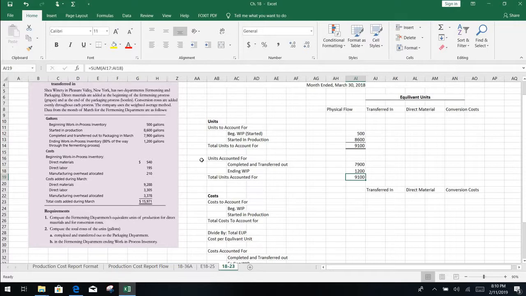Now we know that this is the EUP section here. This second group of units are all talking about EUP. So that means this is our EUP value, and we didn't have any transferred in, so that's going to be 0. But we need to know how many EUPs to assign to direct material and conversion cost.